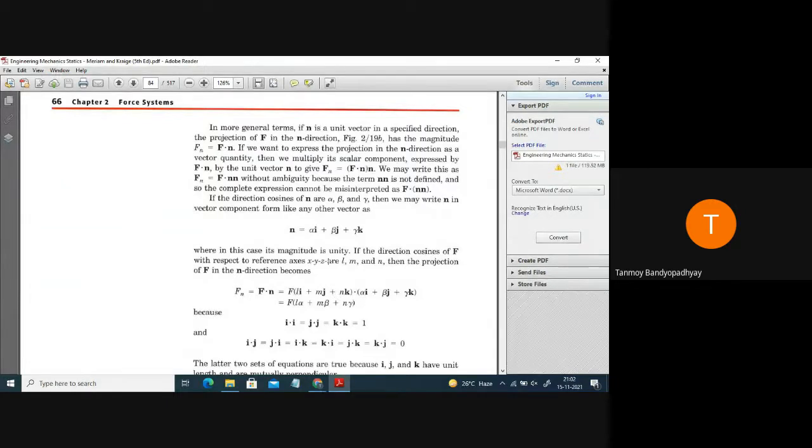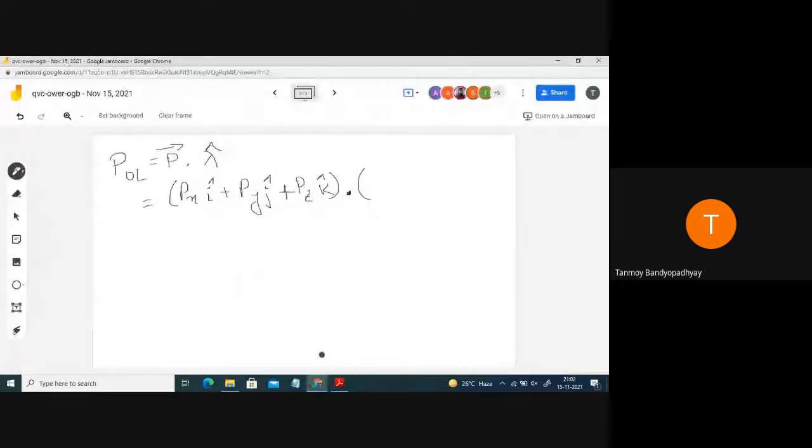We can call it either cos theta x, cos theta y, cos theta z, or they have represented it by alpha. Any unit vector I can represent by cos theta x; you can follow the book also, that depends on the problem.